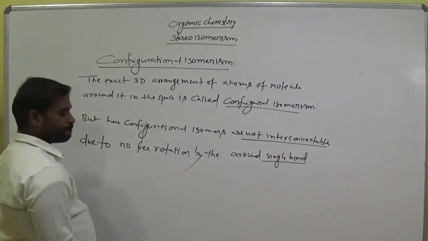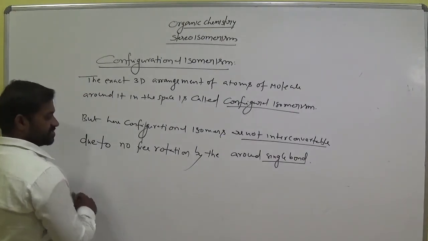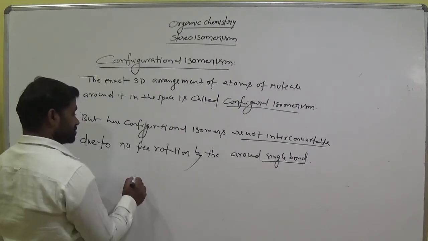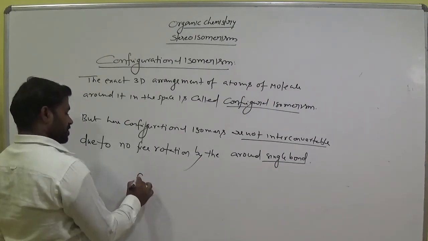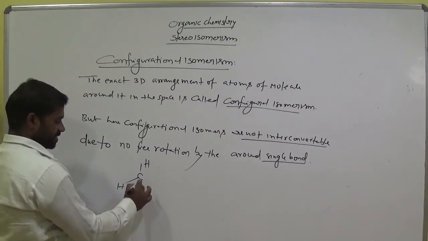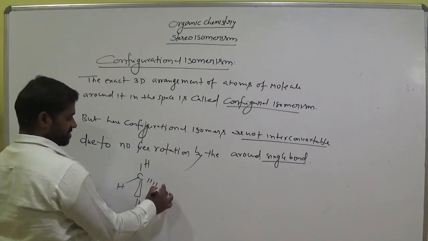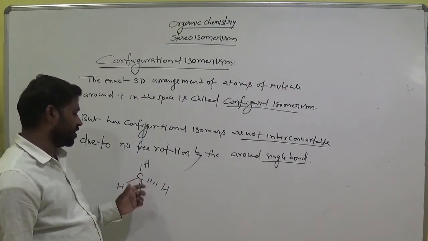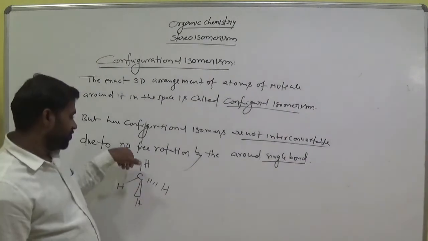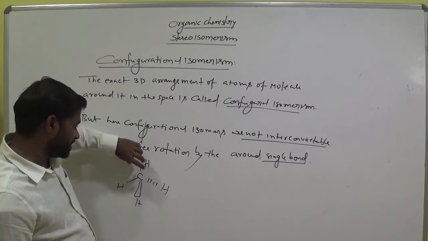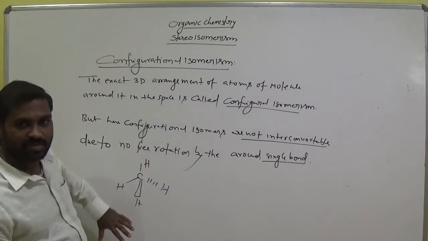Let's see the meaning of this. Suppose this is hydrogen, this is hydrogen, this is hydrogen, this is hydrogen. In this type of molecule, there is no free rotation around the sigma bond, the single bond.